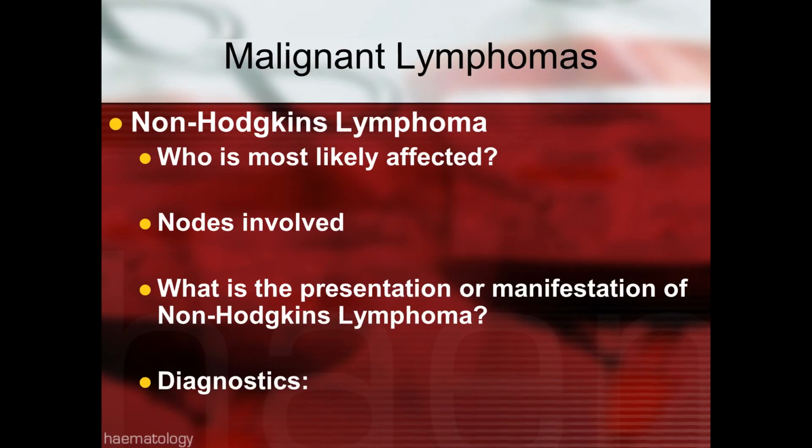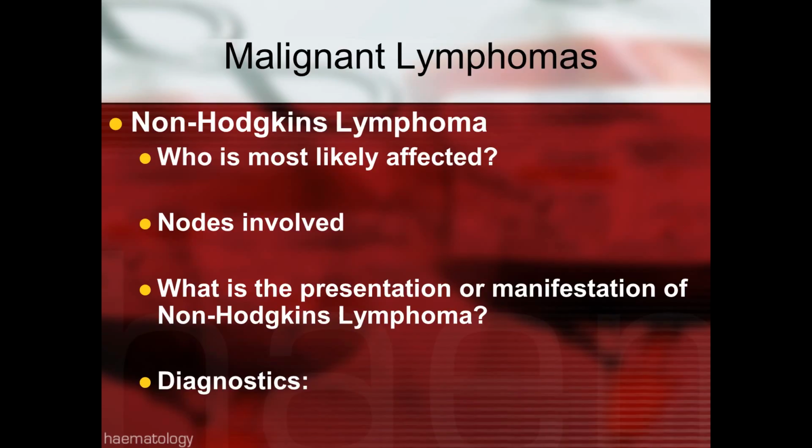But typically a biopsy of a lymph node is what we need for a diagnosis. That biopsy will be positive for neoplastic lymphoid cells, and that's how we know they have non-Hodgkin's, along with their signs and symptoms and those types of things.